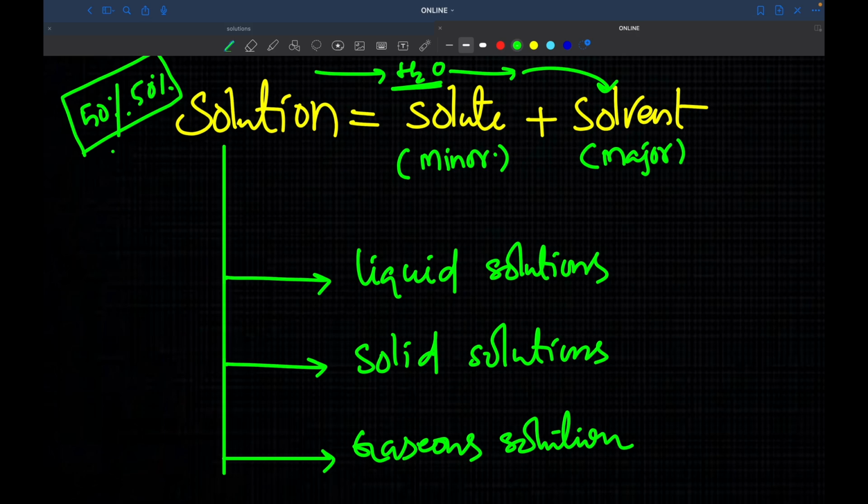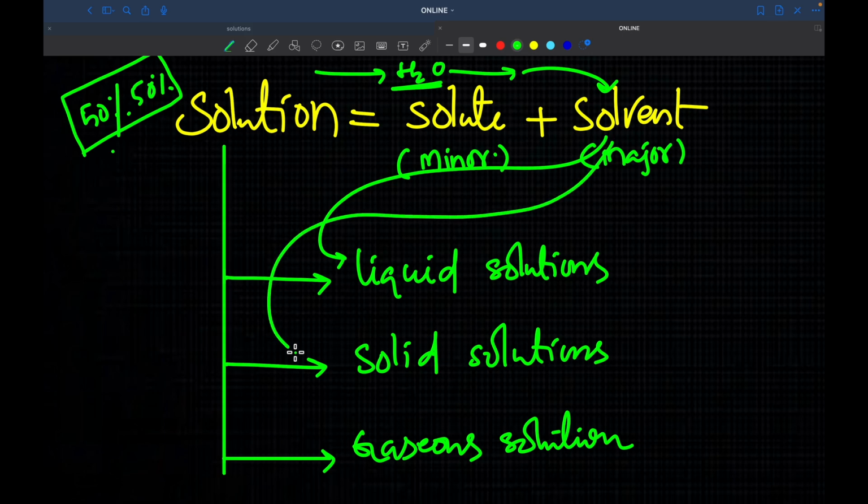Don't be under the impression that all solutions will be liquid solutions. No, that is not correct. How are these classified? Based on the solvent. If your solvent is liquid, you will get a liquid solution. If your solvent is solid, you will get a solid solution.